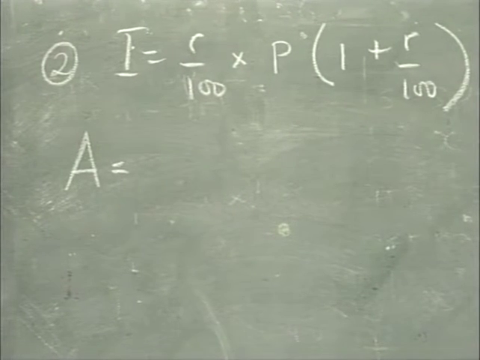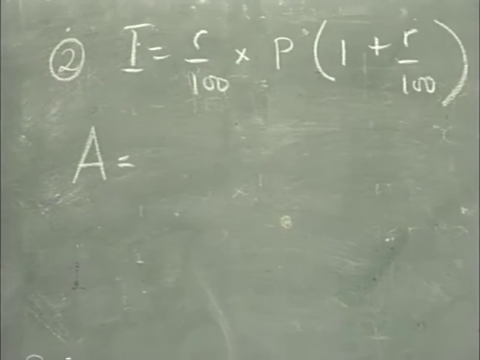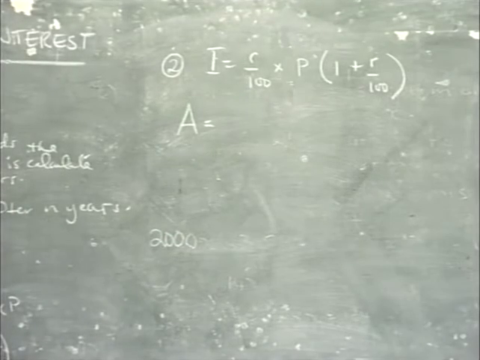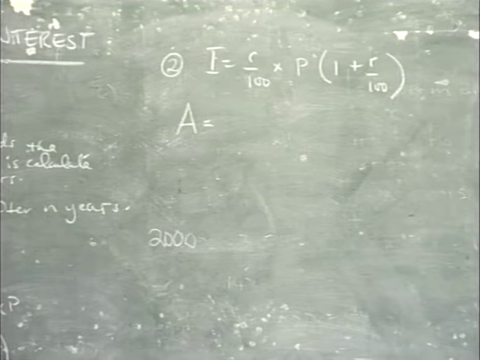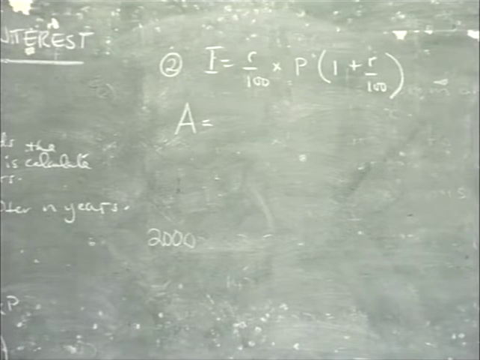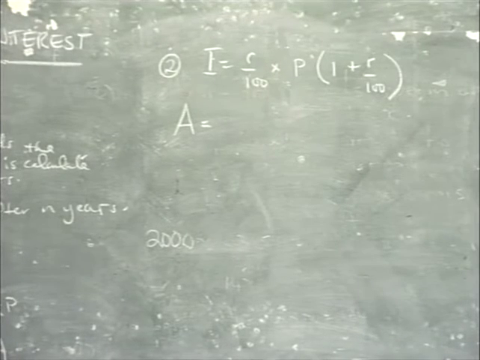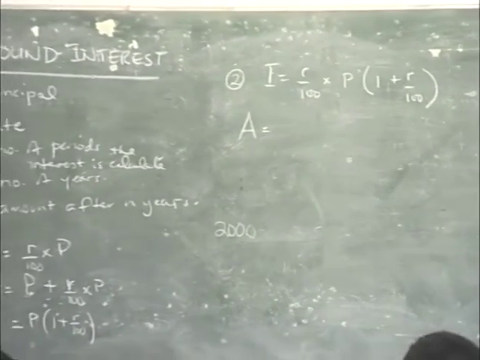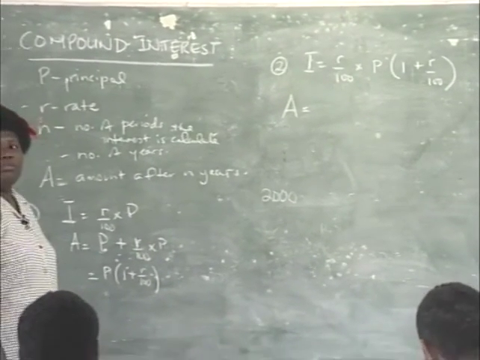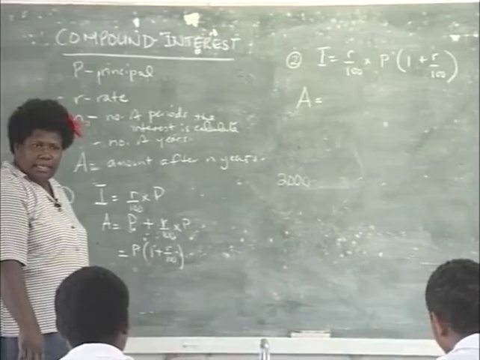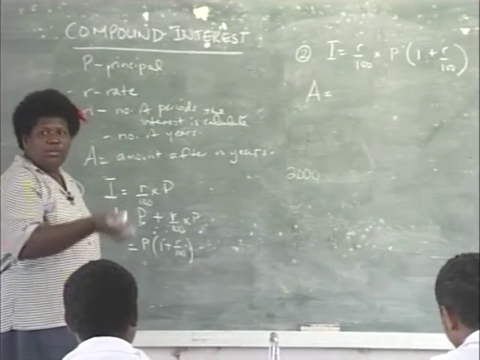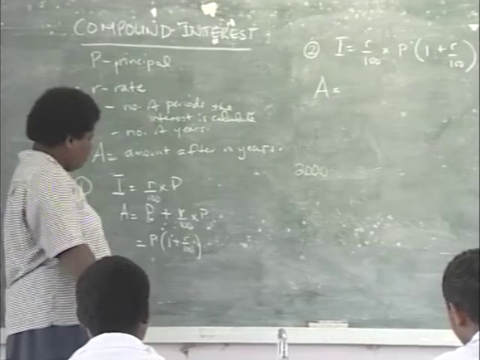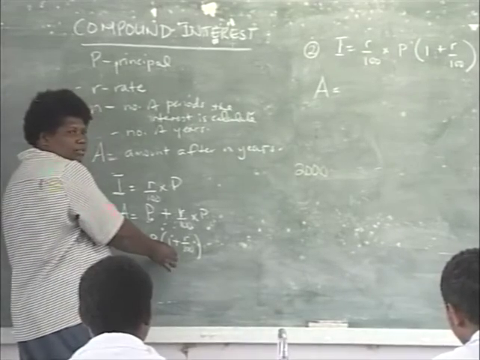That's because you were not following when I explained this one. If you start with 2,000 kina, the first interest that we got was 100 kina. We added that interest to 2,000 and we got 2,100. Then in the second year, we calculated 5% of 2,100, and then we added it to 2,100.